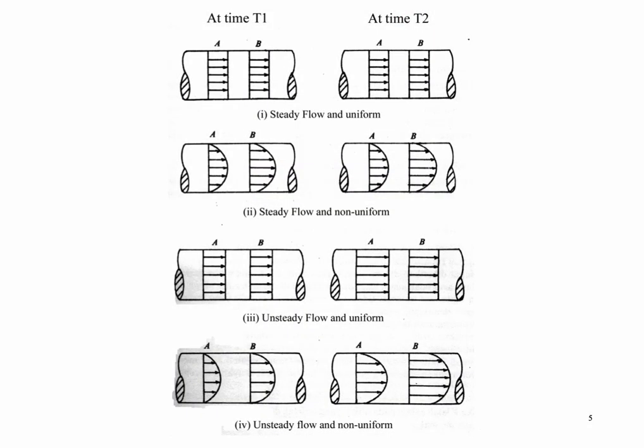And then we go to the third condition here. So we have A and B. It is called unsteady flow and uniform. Why? Because if we see the arrow here, at point A at time t1, the arrow is like this, but after a certain time, at time 2, we find that the arrow becomes larger.